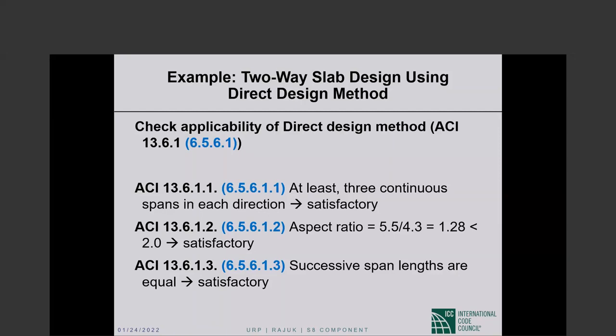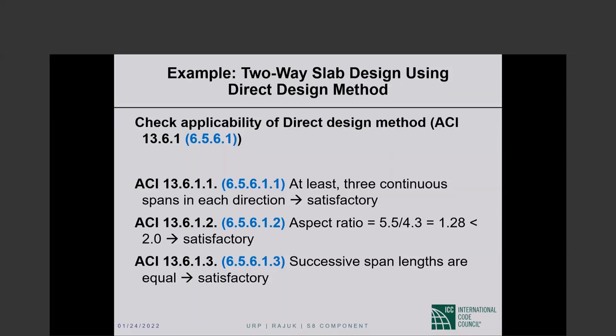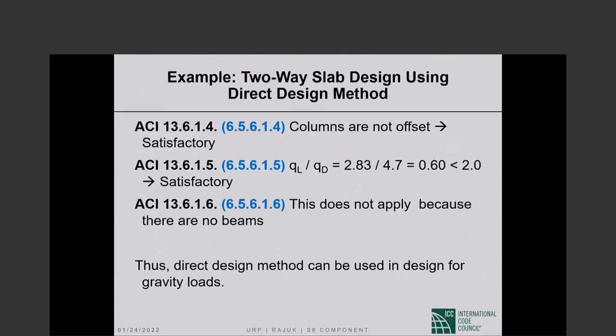Successive span lengths cannot differ by more than a third of the span. We have equal spans, so that condition is met. Columns can be offset by a maximum of so much, but we don't have any offset columns, so that condition is met.